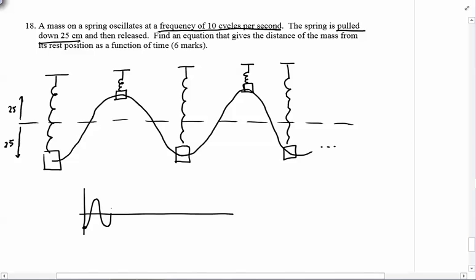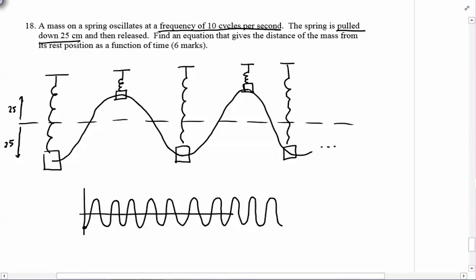One, two, three, four, five, six, seven, eight, nine, ten. The question tells me that the graph completes 10 cycles in 1 second.